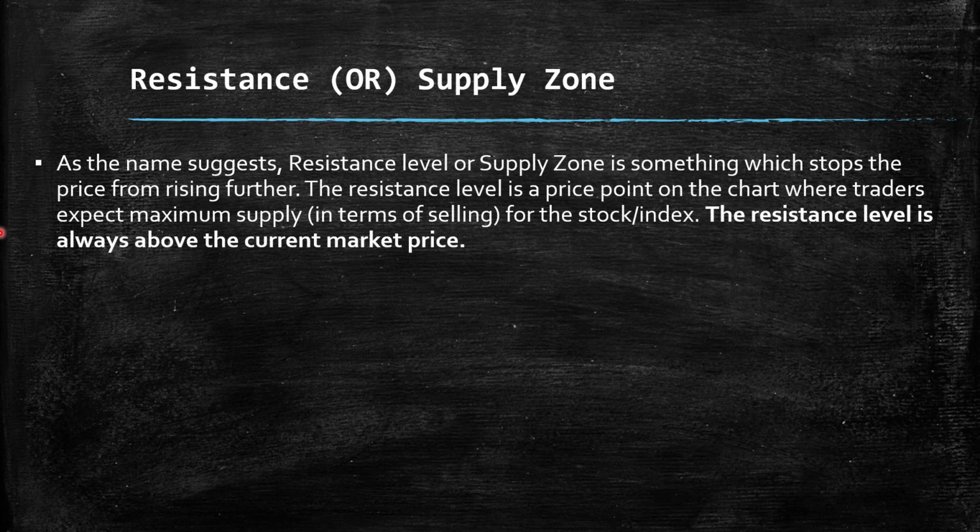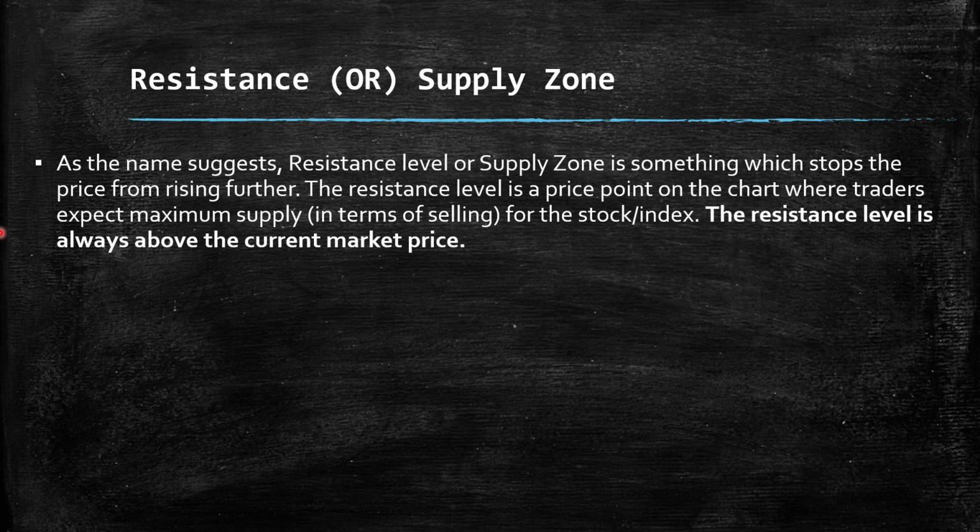So let's take a deeper look into what is meant by a resistance or a supply zone. As the name suggests, a resistance level or supply zone is something which stops the price of a stock from moving any further.